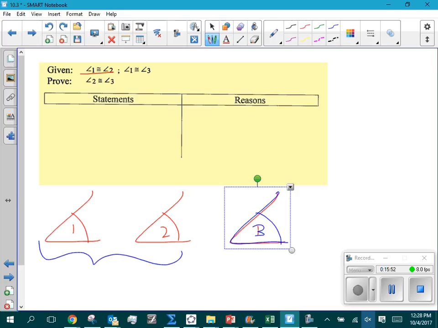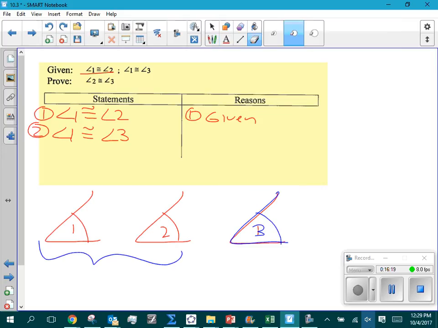So hopefully that picture will help you recognize why we're doing what we're doing here. But the first thing we're going to do is say angle 1 is congruent to angle 2. That's your given. And statement 2, angle 1 is congruent to angle 3. Okay? Still given.